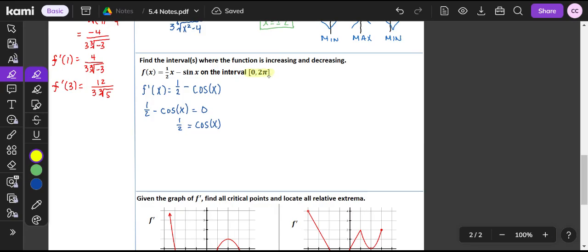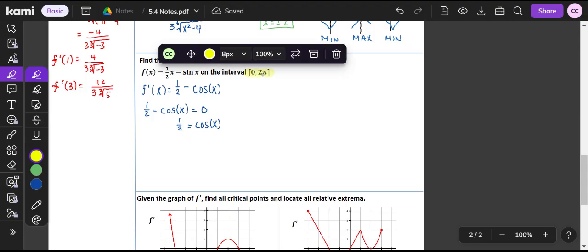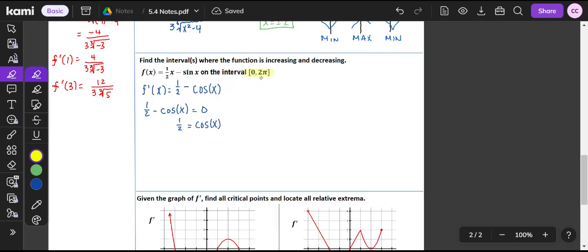If you remember your radians and your unit circle, this is asking for all the points along a circle. So 0 is the start of the circle, 2 pi is all the way around the circle. We're looking for every single angle measurement along the circle that gives us a cosine value of 1/2. So that's a little misleading, because if you just plug this into a calculator, it's only going to spit out one value. There's actually multiple, okay?